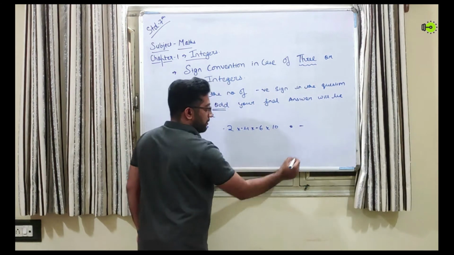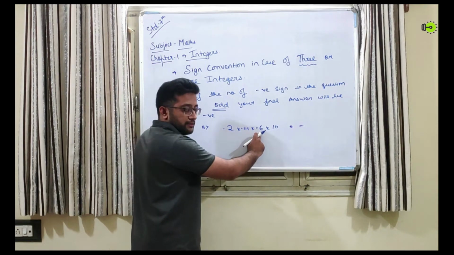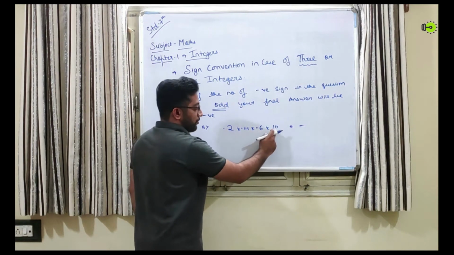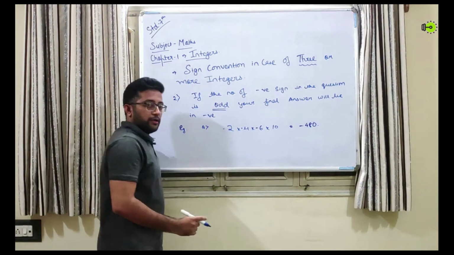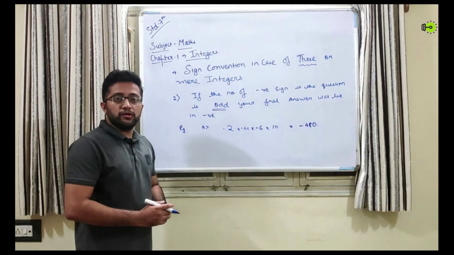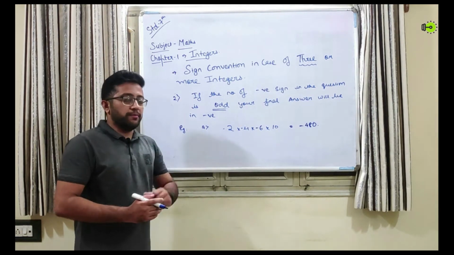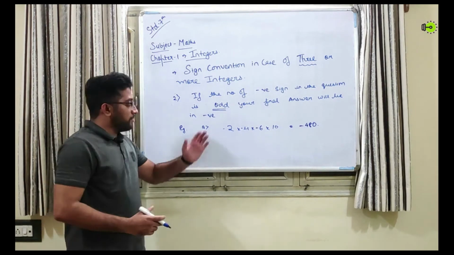So our final answer will be minus. 4 twos are 8, 8 sixes are 48, 48 into 10, minus 480. So these are the rules regarding sign convention in case of 3 integers in multiplication. Hope you are able to understand it. Please take a note.